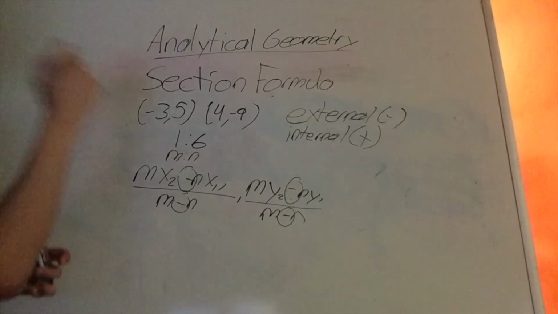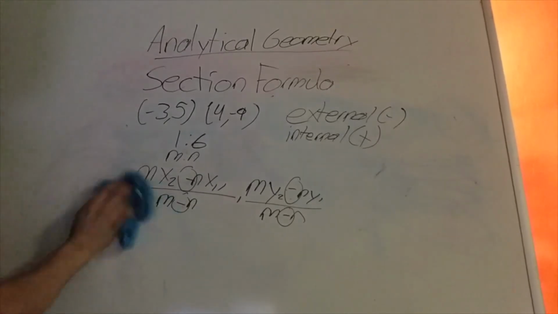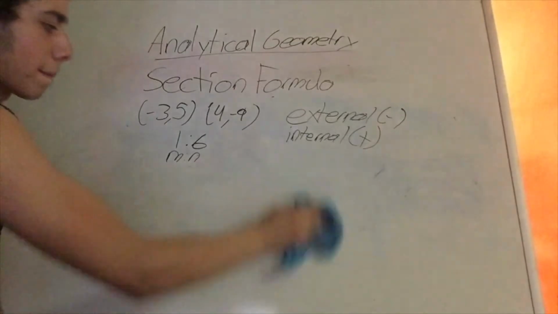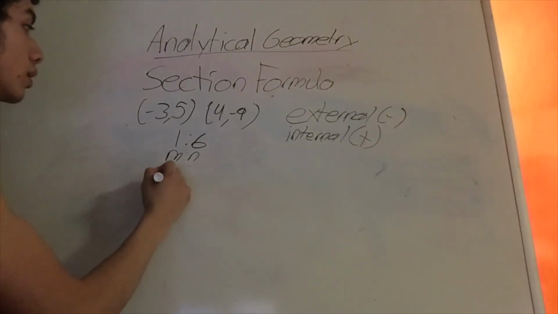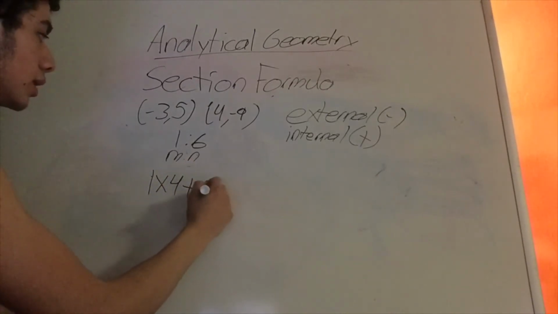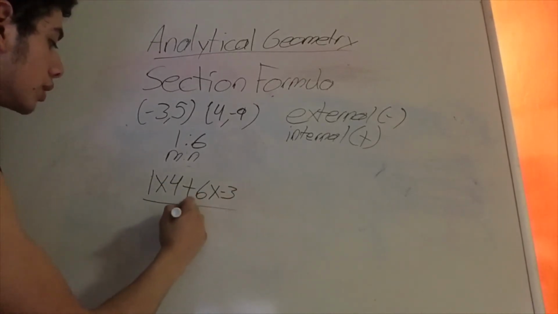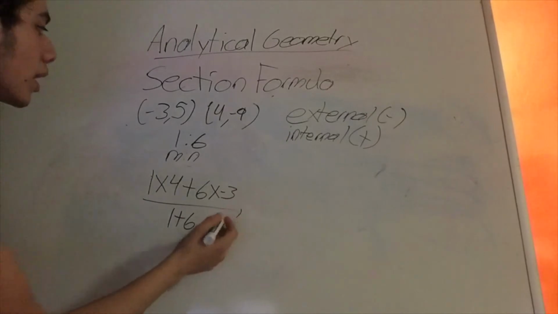So let's solve this problem. It'd be 1 times 4 plus 6 times -3 over 1 plus 6. And this would just be for x. So let's go to the y.